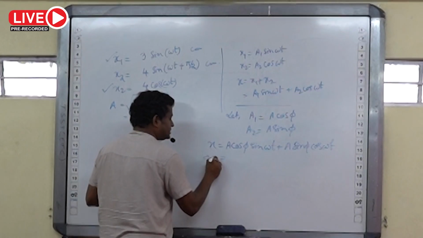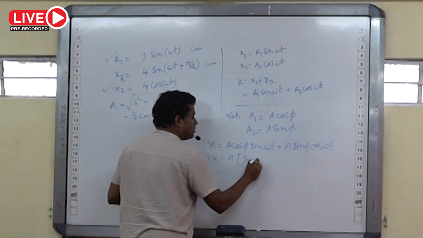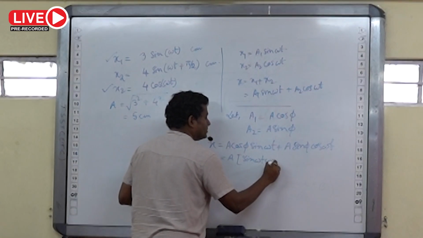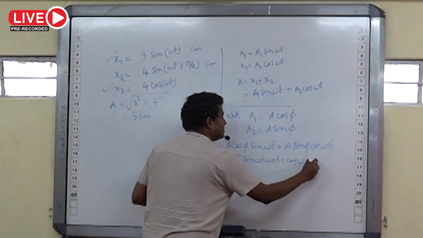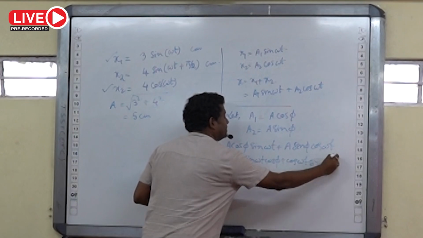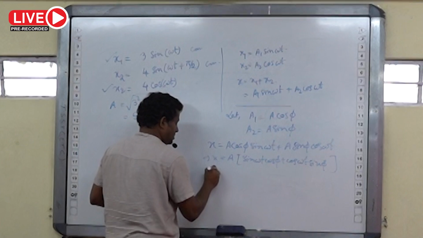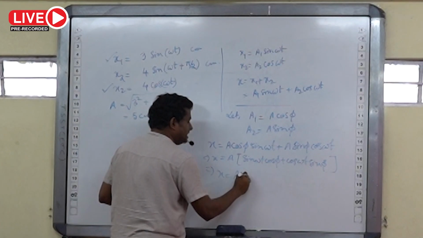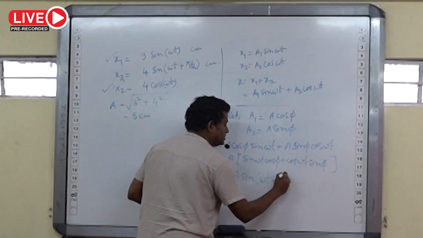Then you can write x equal to capital A common, sin omega t cos phi plus cos omega t sin phi, which can be written as x equal to A sin(omega t plus phi).